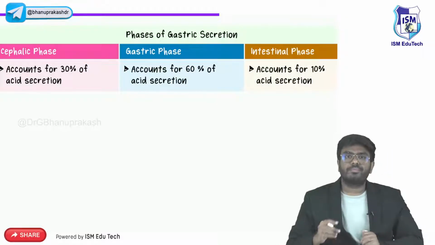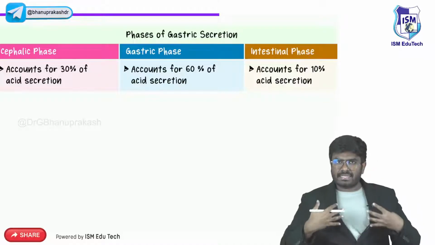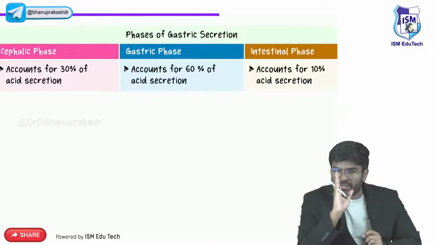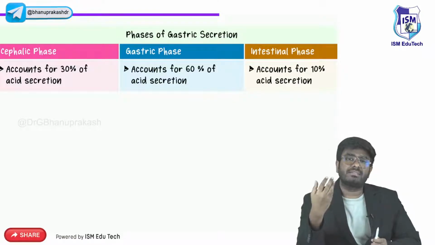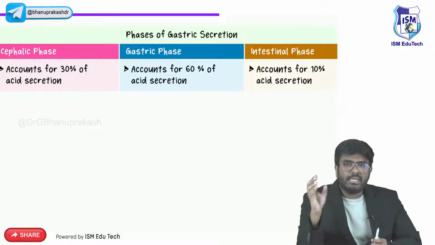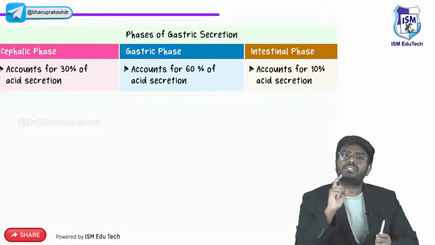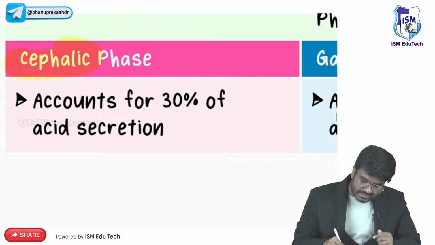Next, what else should you know regarding the gastric secretions? The acid which is produced in my stomach is not produced just during one particular period. Most students think that whenever you eat, only then acid will be produced. No, it's not like that. Even if you think about the food, right now I'm thinking about some delicious food, acid production has started. Whatever happens in your brain is the cephalic phase.